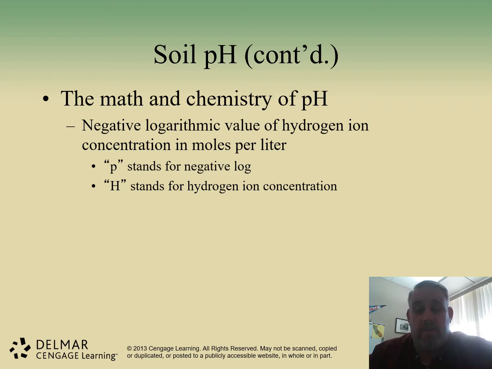So from 6 to 7, 6 is 10 times stronger as an acid than 7. 5 is 10 times stronger than 6, and if we did the calculation, a 5 is 100 times stronger than a 7. So it perpetuates itself down to 0, and then is exactly the same going towards the 14 number.